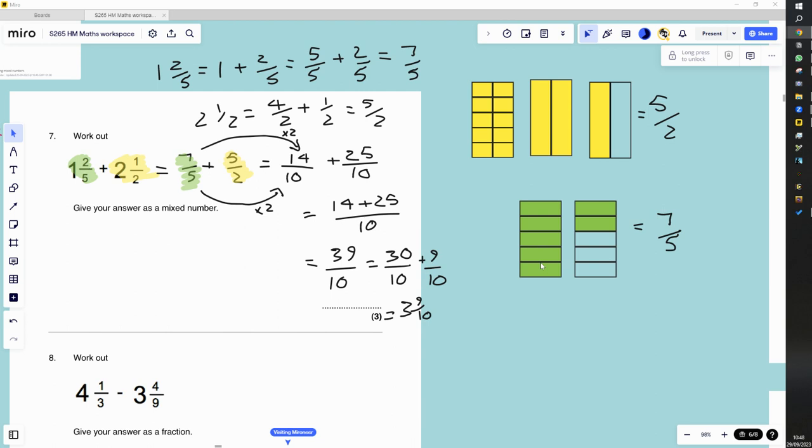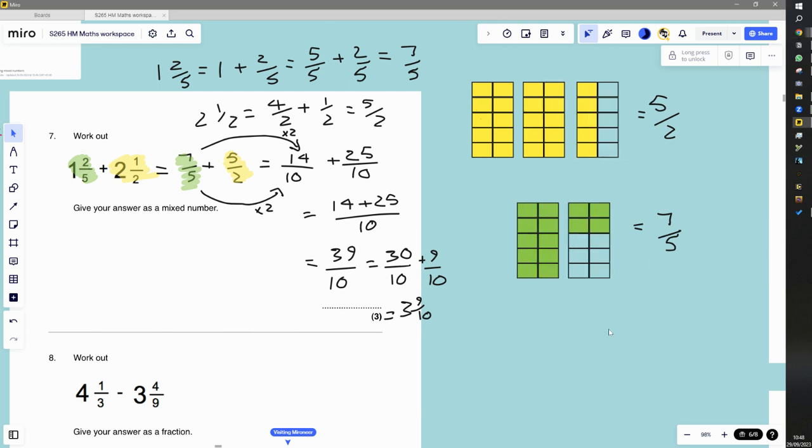I'm also going to split this one down the middle so as we can see that that will be the same as that. Okay, so now we've got them all chopped into 10 bits. So you imagine before we were trying to share this cake, maybe, well, let's say one of the cakes amongst 5 people, and then another 5 people turned up.